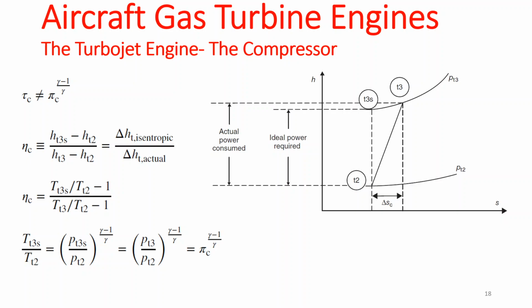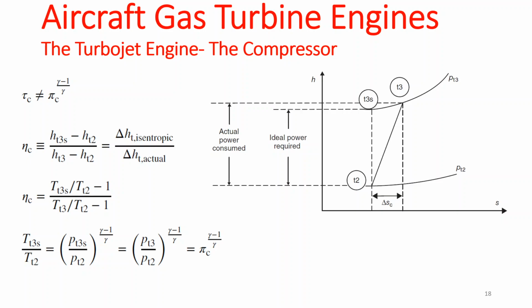So at station 3, your total pressure ratio with the isentropic process is going to be the same as the total pressure ratio without the isentropic process. It doesn't matter whether your process is reversible or not, your total pressure ratio is going to change the same amount. Meaning that we can't use the pi of C to replace this temperature ratio.